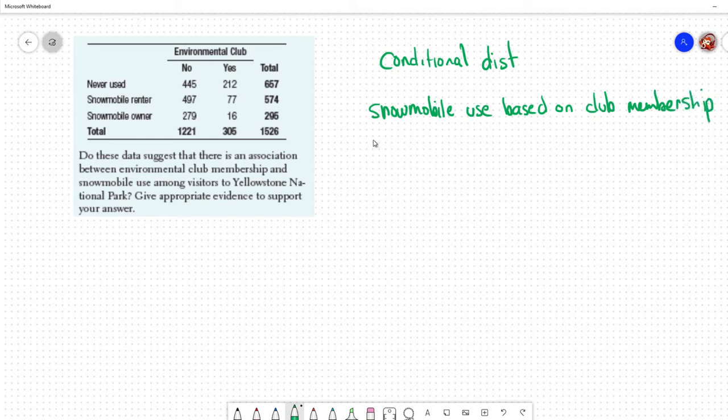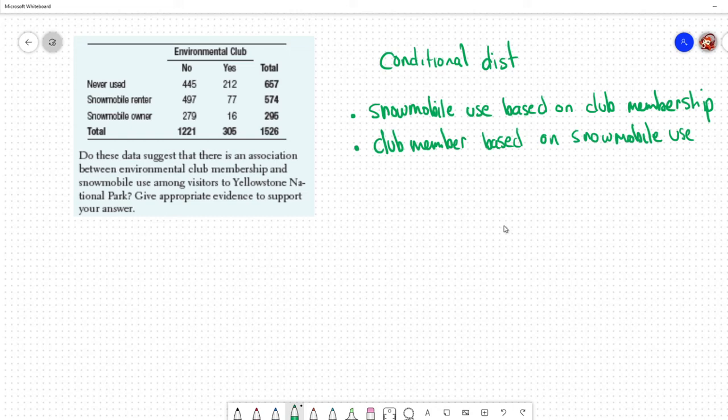Or do we want to look at club membership based on snowmobile use? So those are our two options, because we can go either horizontal or we can go down the vertical. So is there a relationship between environmental club membership and snowmobile use?